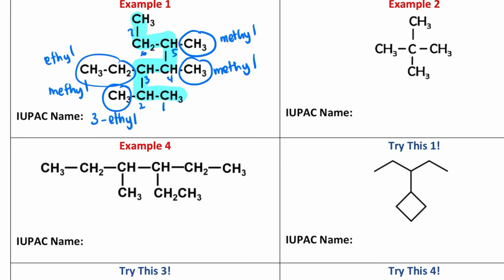Untuk methyl ada 1, 2, 3 methyl. So, kita boleh guna prefix to mention that there are 3 methyl. Okay, cuma kena mention position lah. Okay, so kita punya methyl is at carbon number 2, carbon number 4 and carbon number 5. So, dash 2, 4, 5, trimethyl.